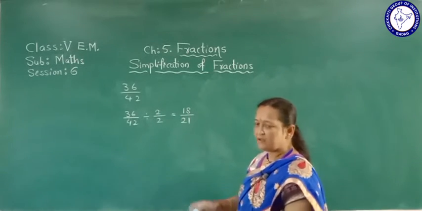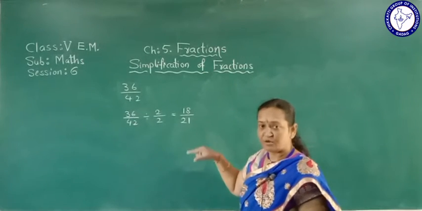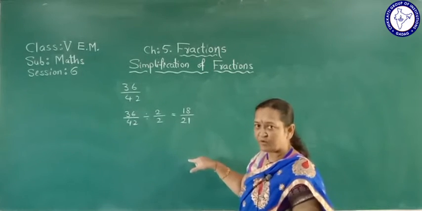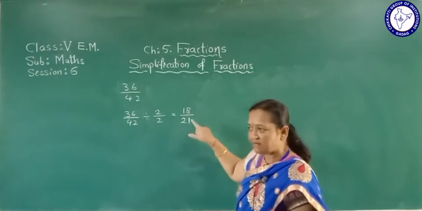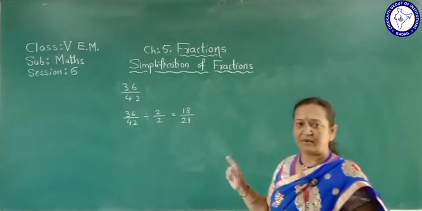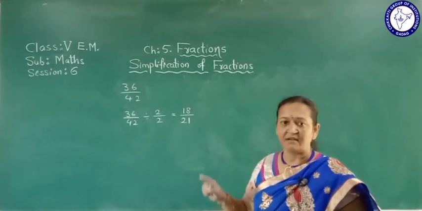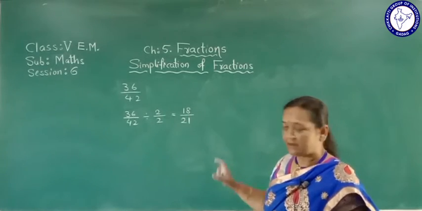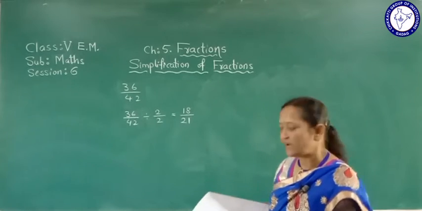Now check, can you still reduce this 18 by 21 to the simplest form? Can you divide 18 and 21 by any other number? Can you get 18 and 21 in one table? Yes, 18 and 21 we get in the 3 table, isn't it? 3 sixes are 18 and 3 sevens are 21.